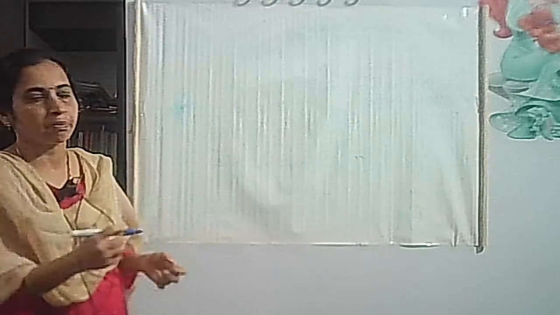You have done the RCC slab before, which was flat, but now we are concentrating on the RCC sloping roof. For this I have taken a small problem which consists of a single room which measures 3 meter by 5 meter, just to make you understand how to calculate the quantities for a sloping roof.